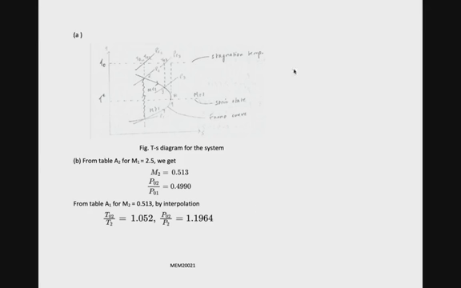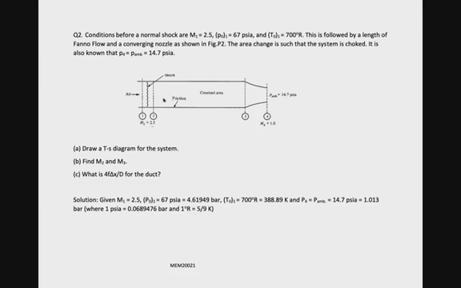now coming to the first part of the question, the T-S diagram for the system. This is the Fanno curve in the T-S diagram. As the question says, a normal shock follows M1 equal to 2.5.